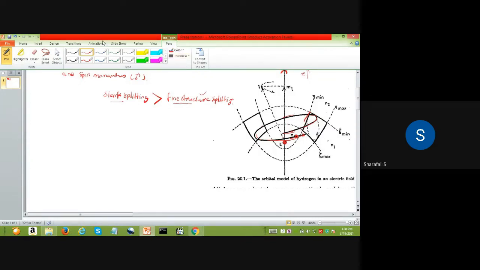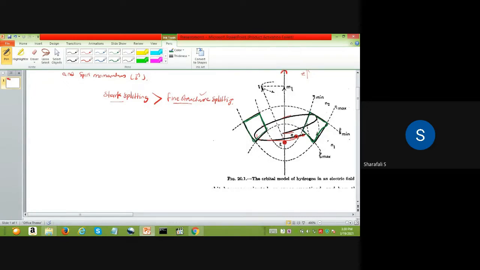You can see in this figure this particular rectangle. In this rectangle, it will be confined. It can choose any orbital path which can touch this rectangle.